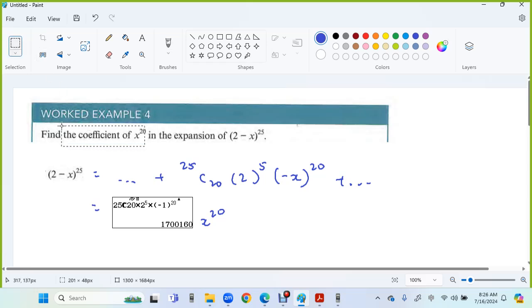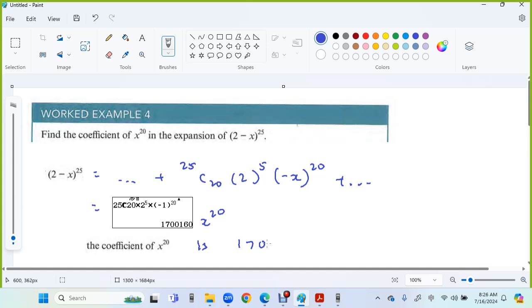So the coefficient of x to the power 20 is 1700160. If you want to do this with Pascal's triangle, it will be very difficult, going up to 25. Not easy, a lot.